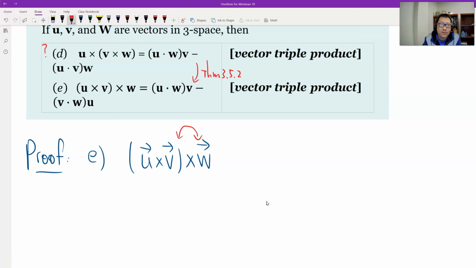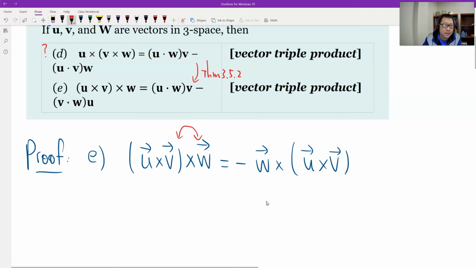We cannot directly switch. After the switch, we need to get a negative. And then put the name: Theorem 3.5.2 gives us that property. It's an important property, anti-commutative.